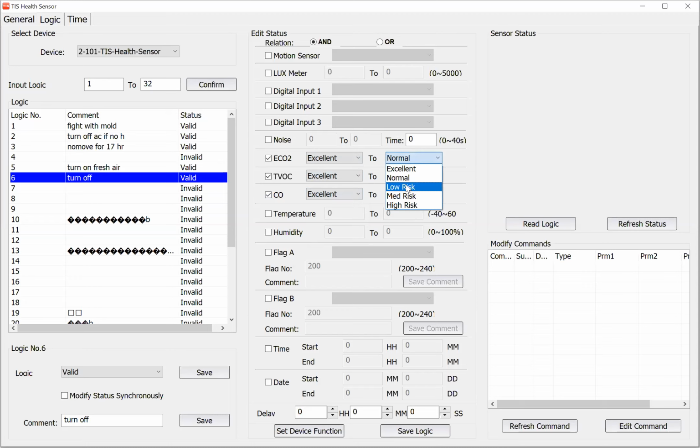Here we can change it to low risk when we want, but I think it's better to put it in normal.